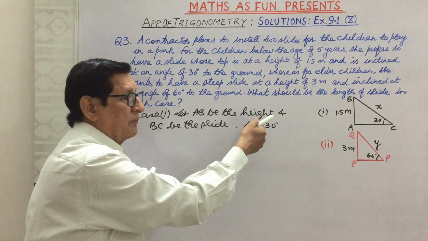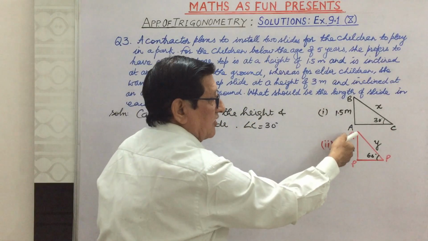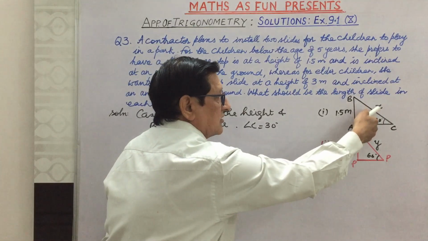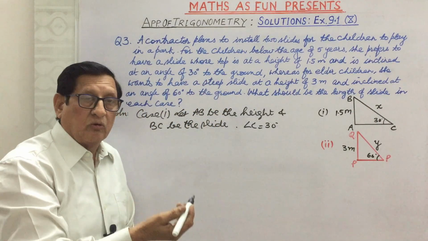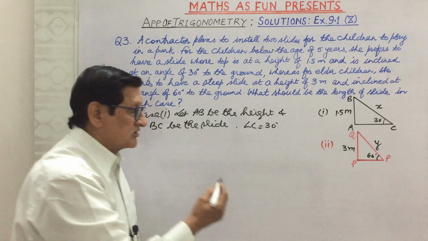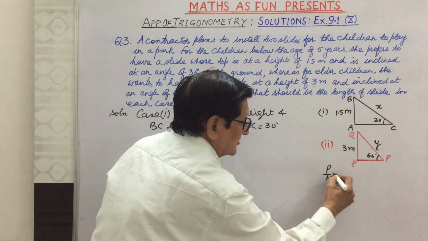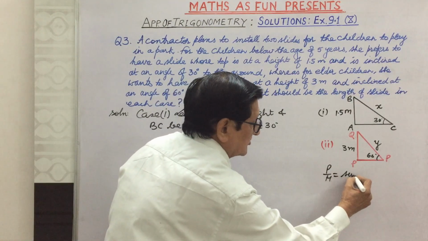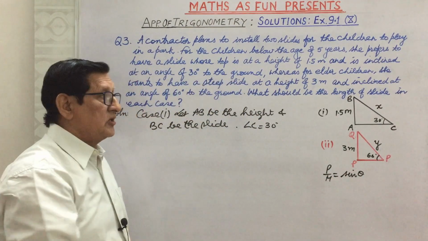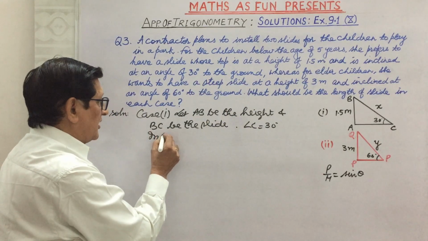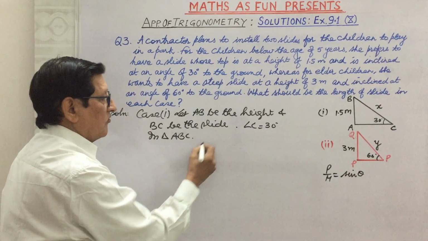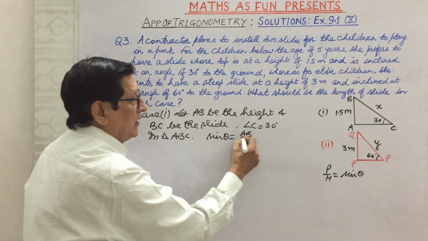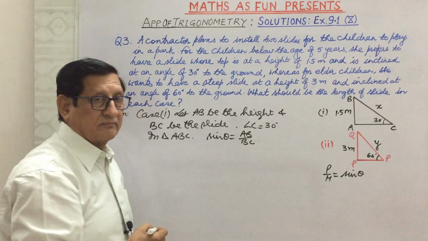So what we have to apply? In the triangle we have been given here, this is perpendicular for this angle and this is the hypotenuse. We know P upon H is sine theta. In both the cases we have to apply the same, that is perpendicular upon hypotenuse is sine theta. So in triangle ABC we write sine theta is equal to AB upon BC.